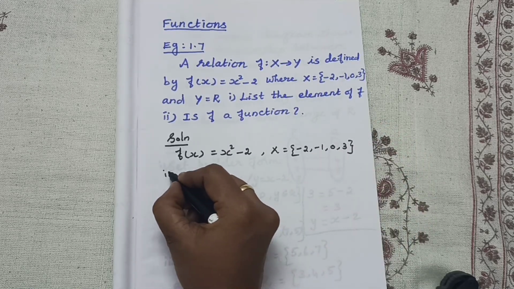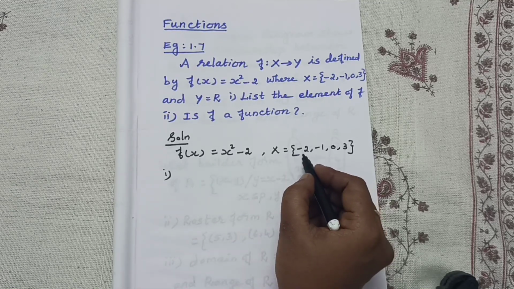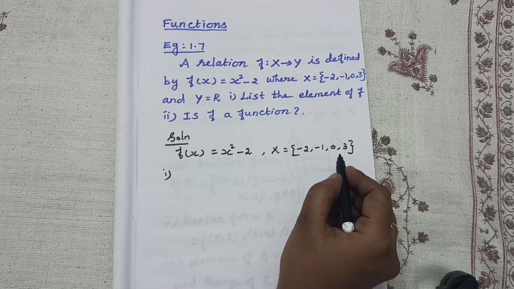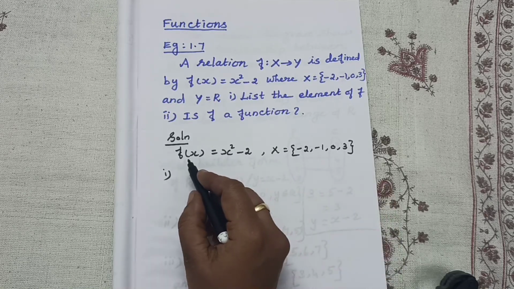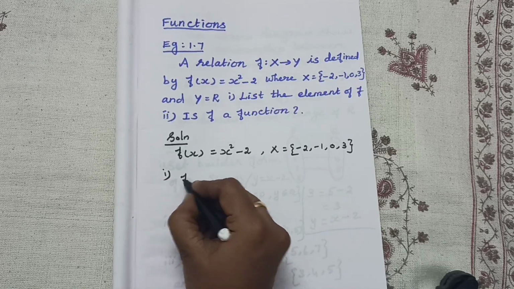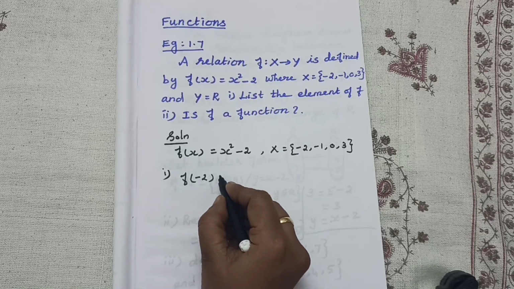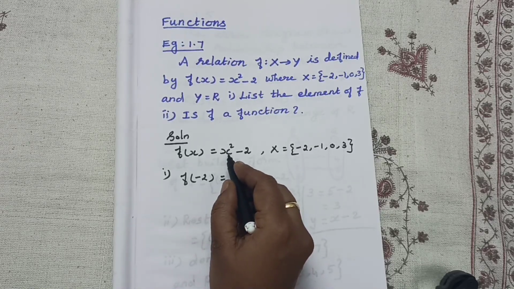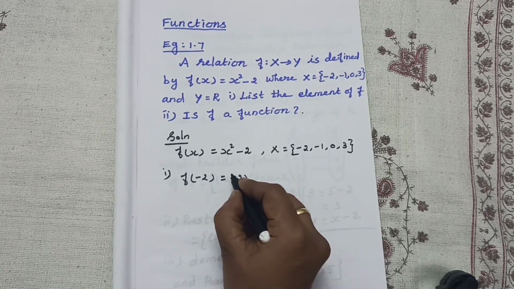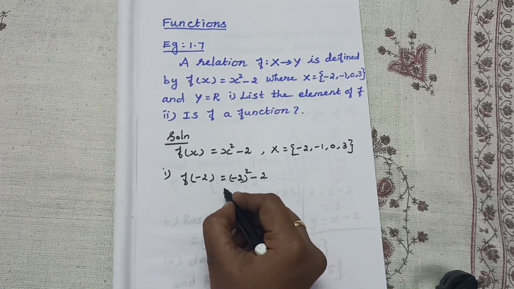Here the elements of X are minus 2, minus 1, 0, 3. These four values you have to substitute in f of x. First take minus 2. f of minus 2 is equal to minus 2 the whole square minus 2.